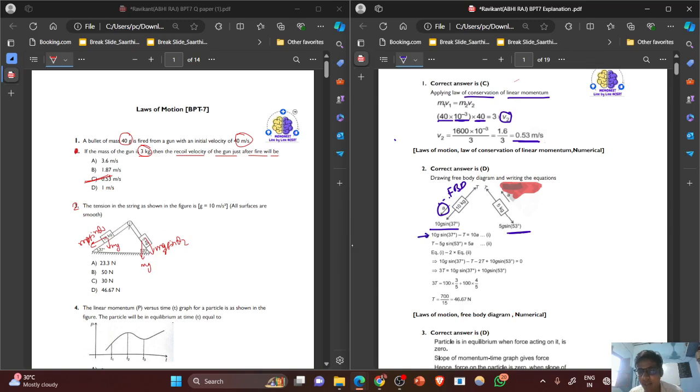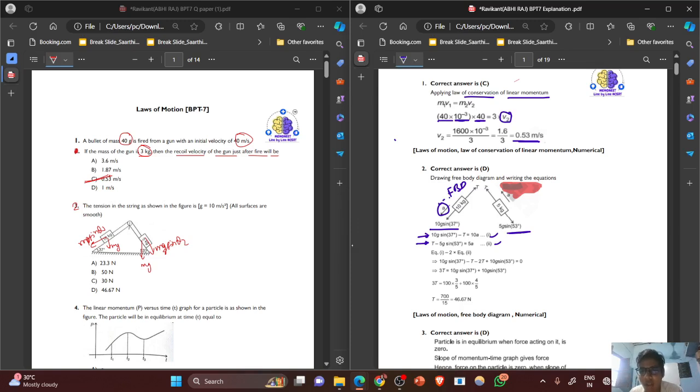Now writing Newton's second law for the second body: T minus 5g sin 53 equals ma. This is our second equation. By using the first and second, we can eliminate T, or if we know the acceleration we can put the value of acceleration from here, eliminate a, and find T. Because in equations 1 and 2 there are two variables and two equations, we can easily find the answer.